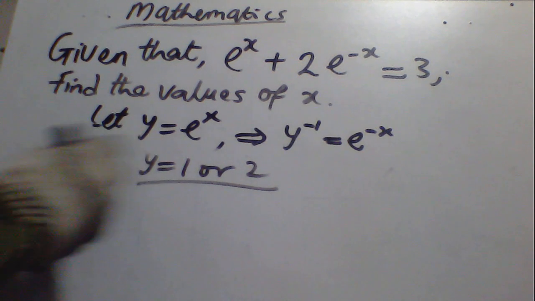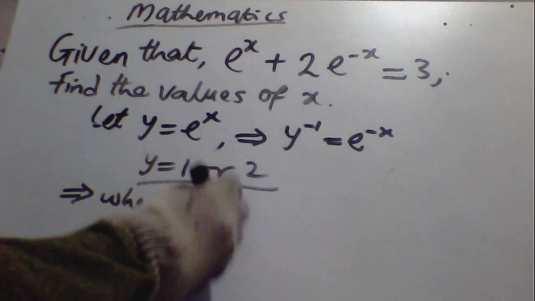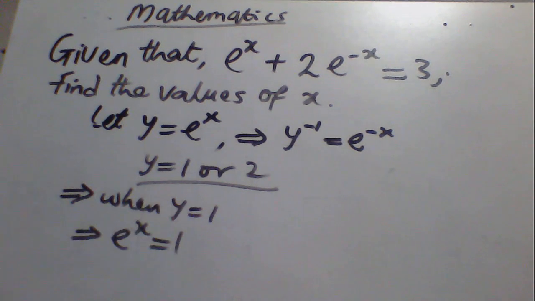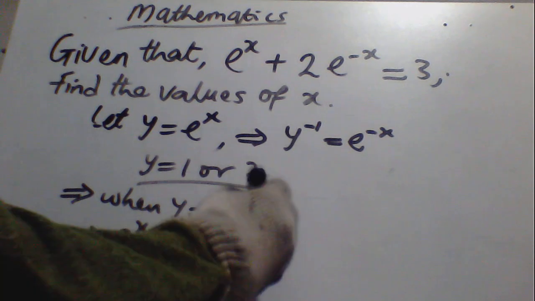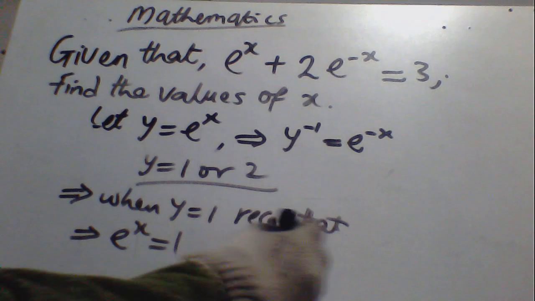So from here, when y equals 1, this implies that e raised to power x is equal to 1. Is it not? So you have to recall that e raised to power 0 is equal to 1.